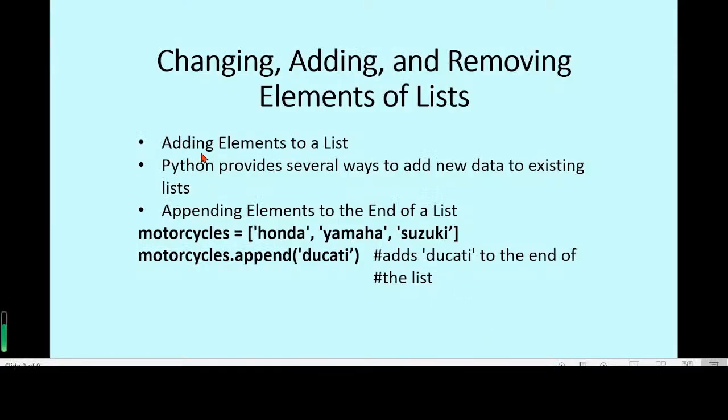And we can also add elements to a list. Python provides several ways to add new data to existing lists. We can append elements to the end of a list. So this is the original list for the motorcycles. And we can use the append method: motorcycles.append('ducati'). So the Ducati is added to the end of the list.